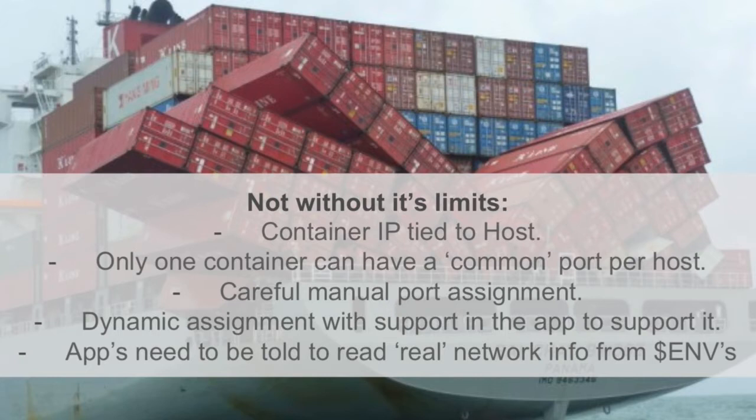So I can't have two containers running on a Docker host listening on port 80 without implementing some kind of container-based load balancing. And that means you can either do careful manual port assignment, or you can do dynamic assignment, but then have the application have some code in it to actually support understanding on each instantiation of a container what port it's been given and do any maintenance it needs to do within the application to make that work.